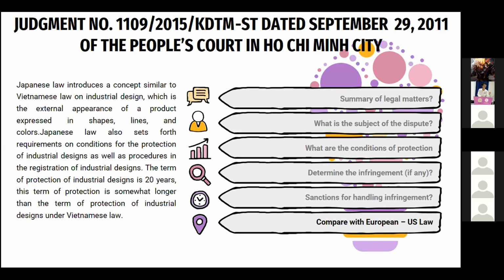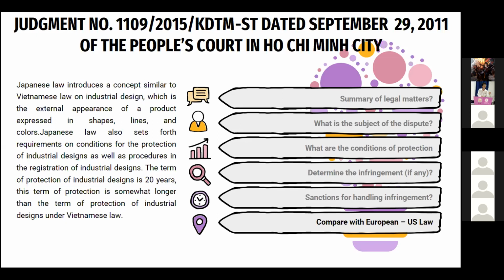And the final question 6, compare with European and US law. Japanese law introduced a concept similar to Vietnam's law on industrial design, which is the external appearance of products expressed in shape, line, and colors.